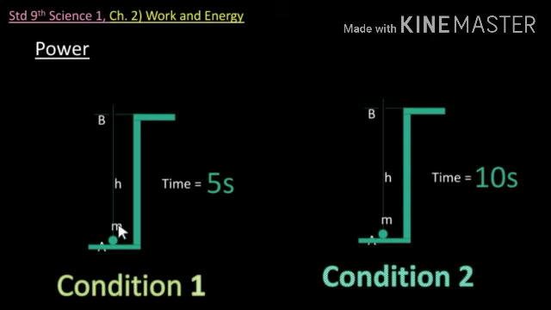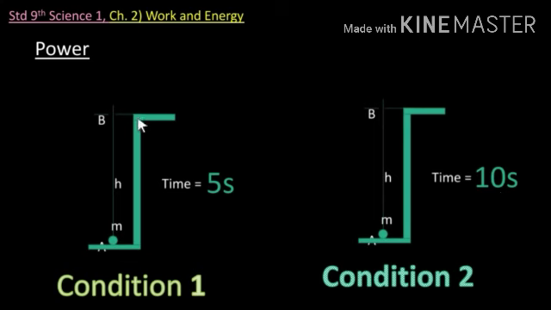Therefore, work done is the same but time is less; work done is the same but time taken is more. Therefore, we can conclude the rate of work done in the first case is more and the rate of work done in the second case is less. The rate of work done is nothing but the power.